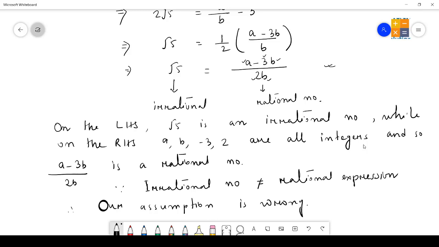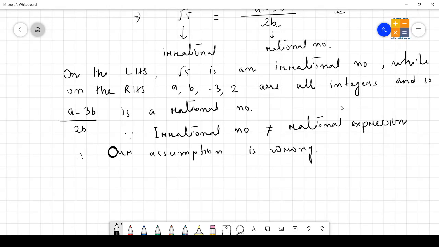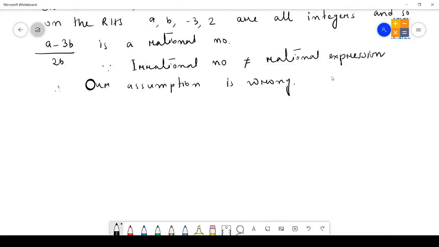So ultimately what can we conclude? Hence the given expression, means 3 plus 2 root 5, is therefore an irrational number. So this is how we have to solve the second sum.